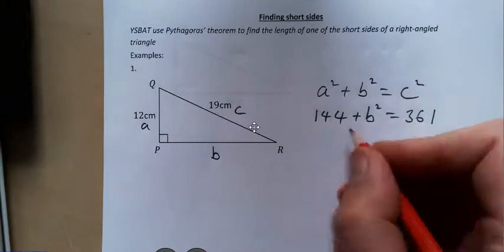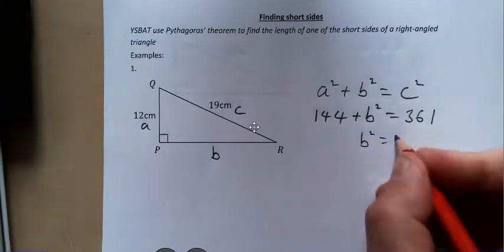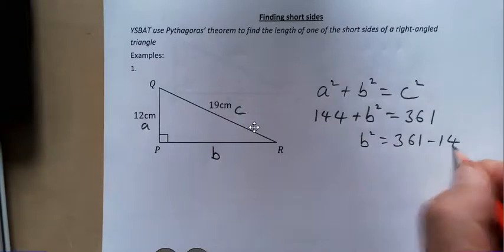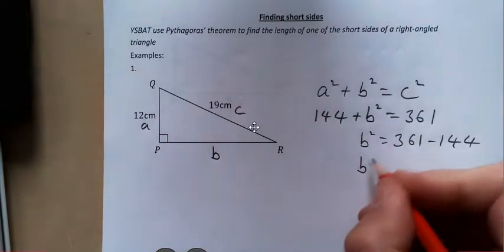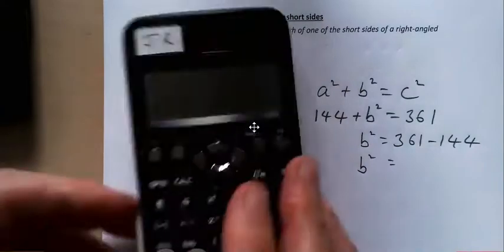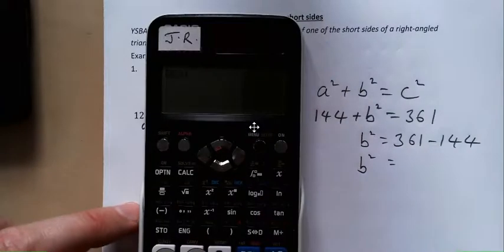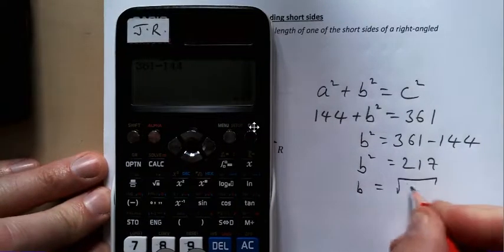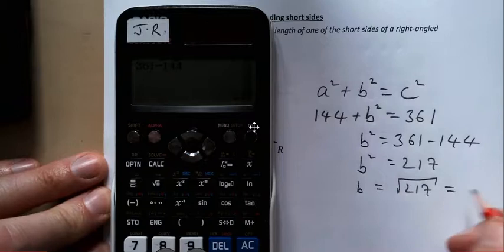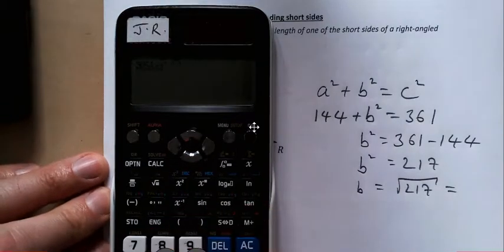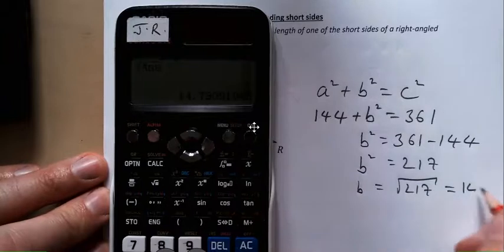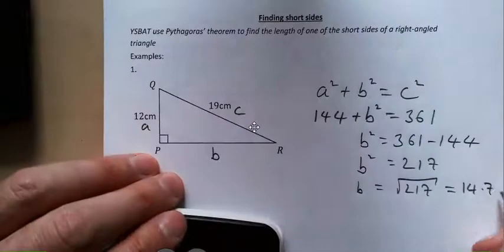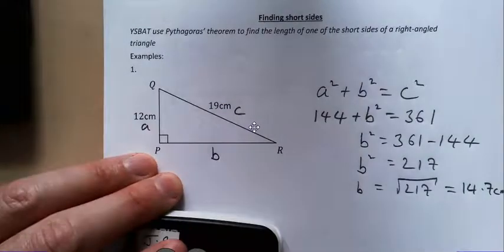If you take away 144 from both sides, you're going to get B squared equals 361 take away 144, which equals 217, and B then is going to be the square root of 217, and that gives us 14.7, and again we're in centimeters. Hopefully you can see that just over there to the side.